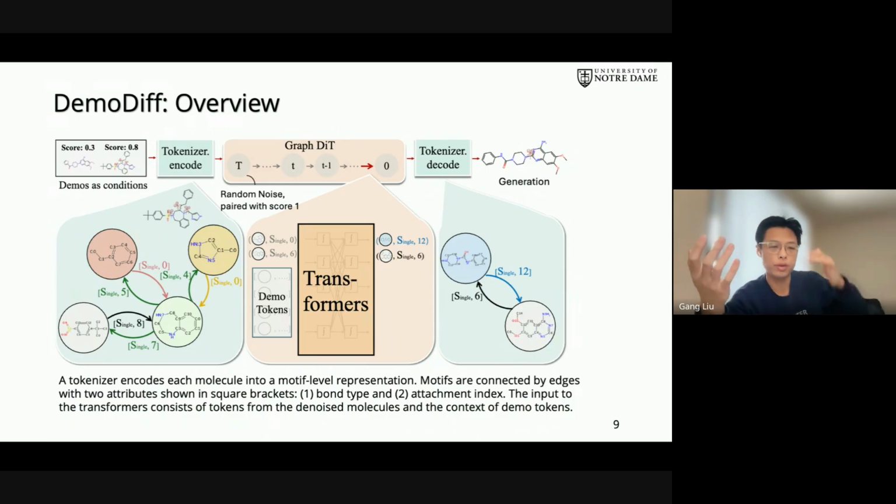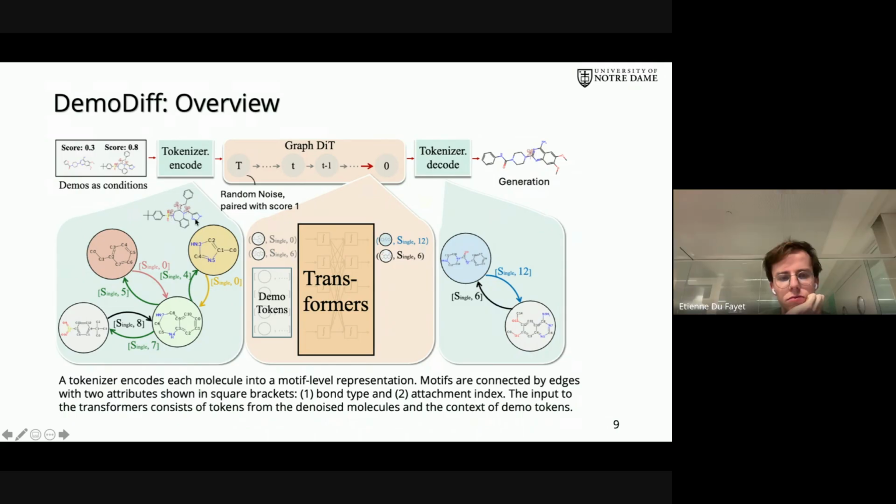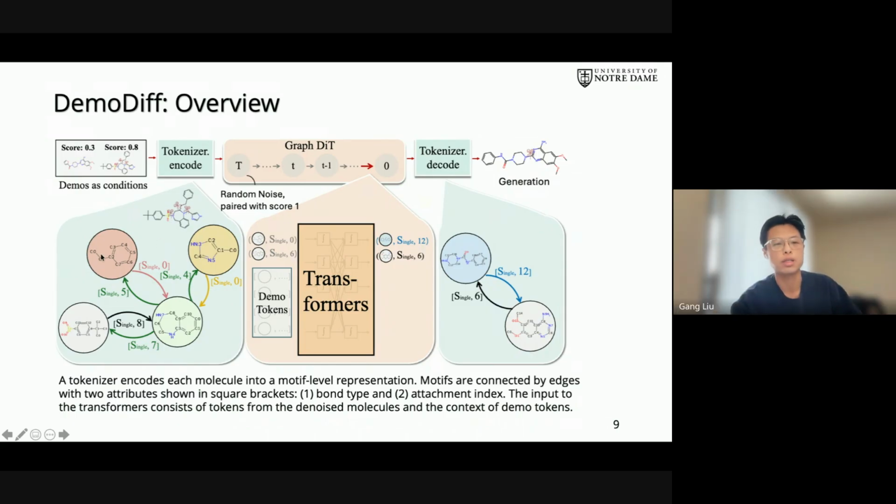You also have the vocabulary for edge types. But the most important thing is how can we get the motif vocabulary? Given these molecules, how can we decide which bonds to break and split into different motifs? I will introduce how to get the motifs later, but on this page it just gives you an idea of what the motifs look like.